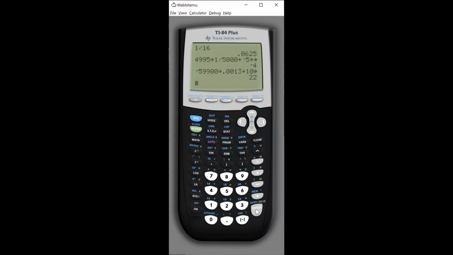And if you multiply that out, you get positive 22. And that's it for that problem. Any question in regard to how we did that last problem?